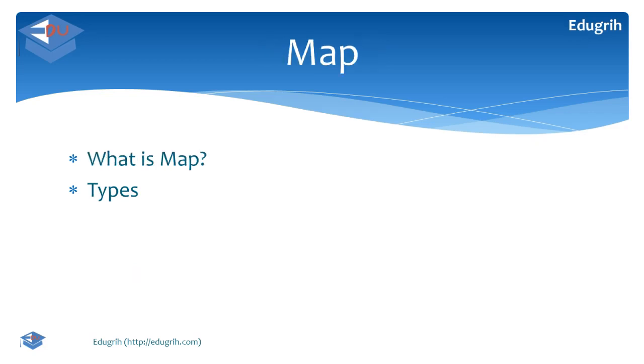So what is map? Map is a generic interface for a key value pair data structure. This map takes the place of the dictionary class, which was a purely abstract class and not an interface before the collections framework was introduced. So what are the different types of map?